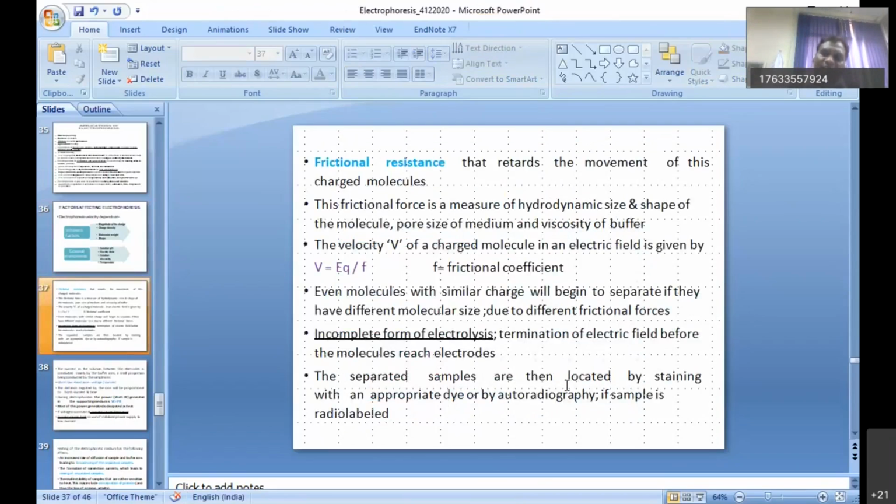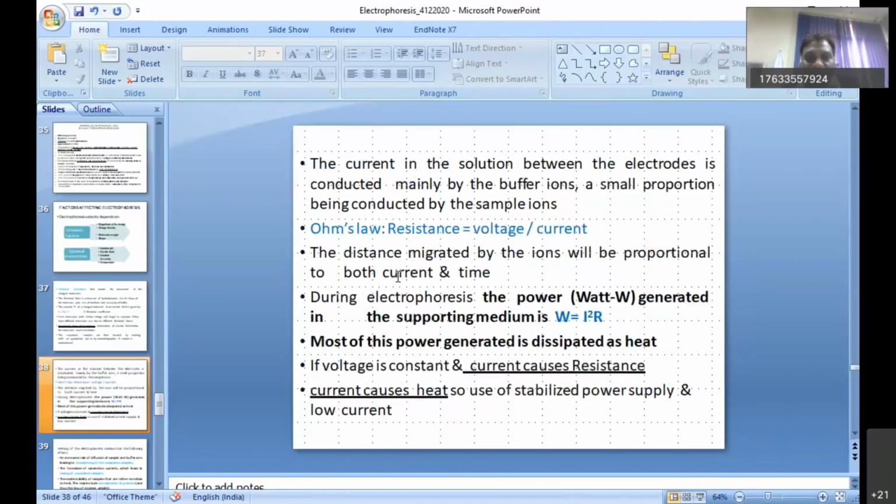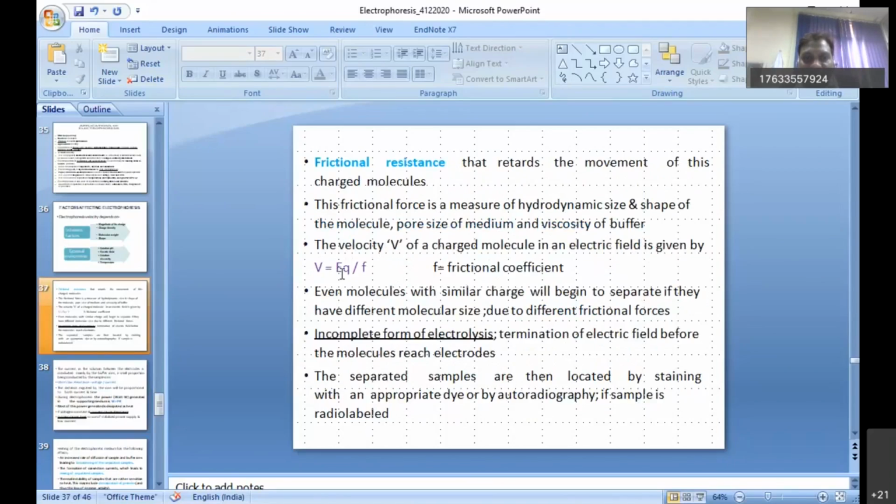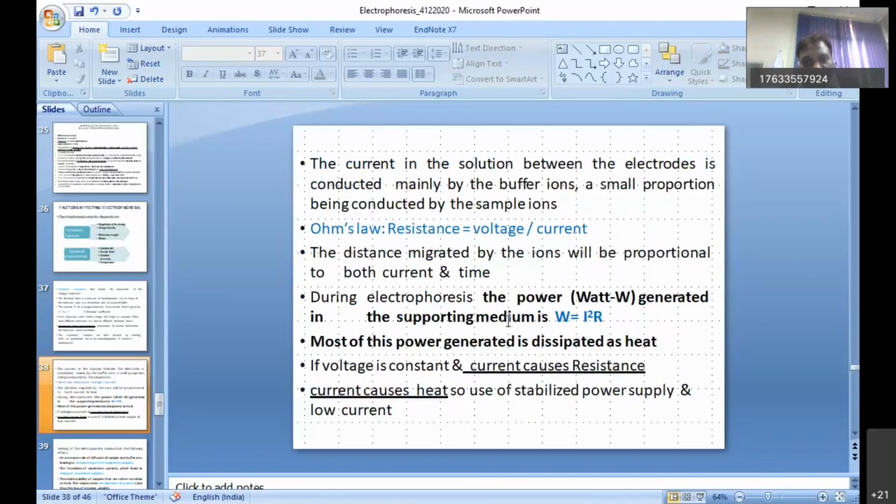Another important thing: if you have everything but your band is not coming well, or the sharpness is not good, there are certain things you have to take care of. Frictional resistance is one of them. It is generated when you apply the charge. As I told you, v, the velocity, depends on EQ by F. When the electric charge is there, it develops resistance.